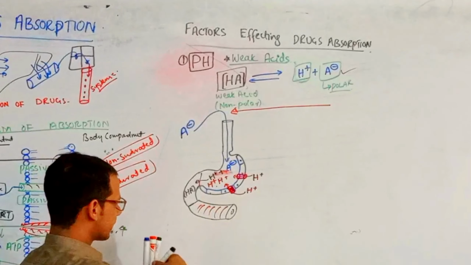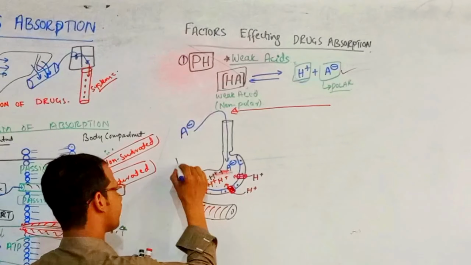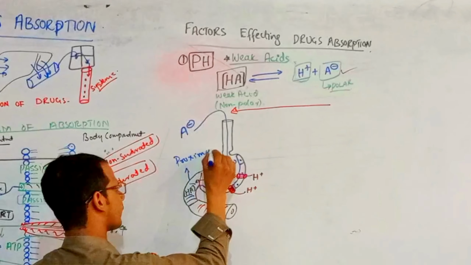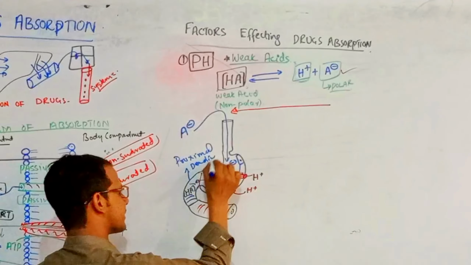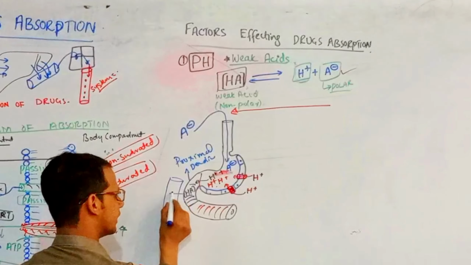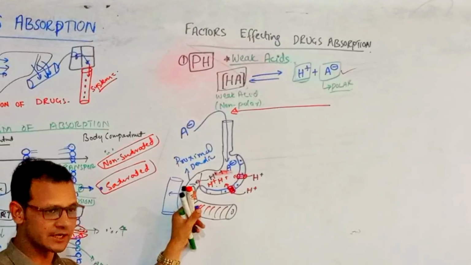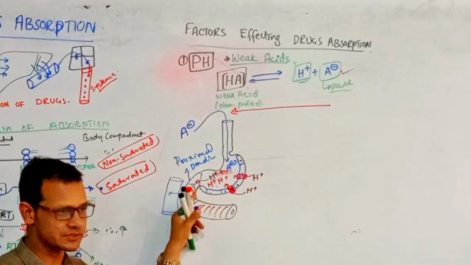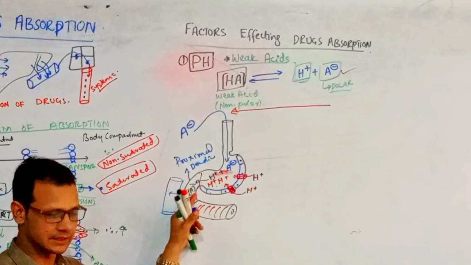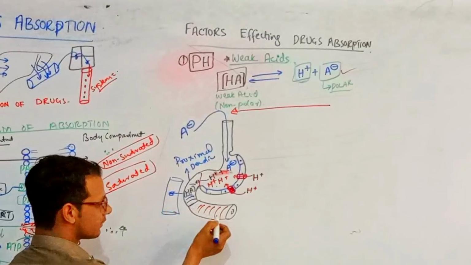So from here, this is an acidic environment in the proximal duodenum. From here it will be absorbed very easily. Why? Because this drug has low molecular weight, it has no charge, right? It is not hydrophilic, right? So it will be absorbed from here very easily, right?